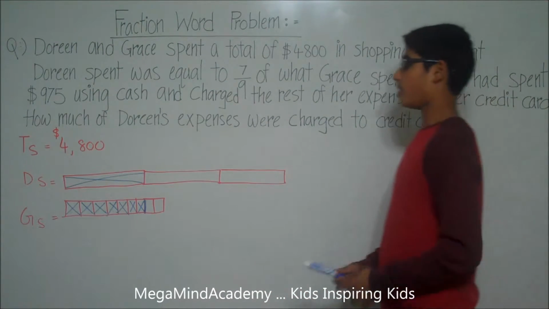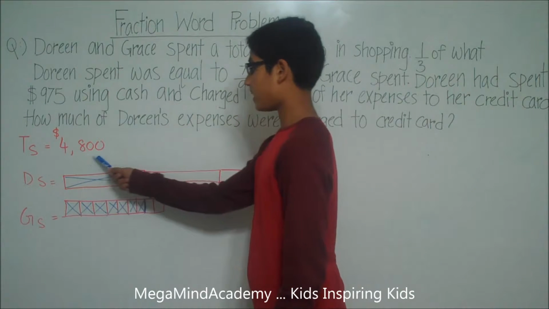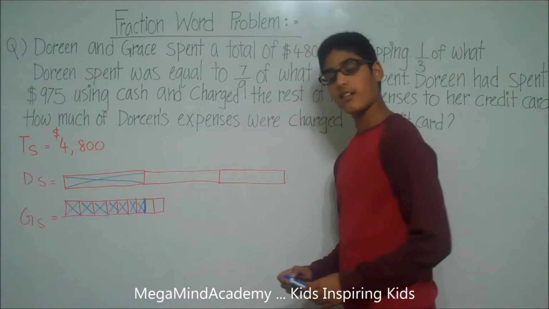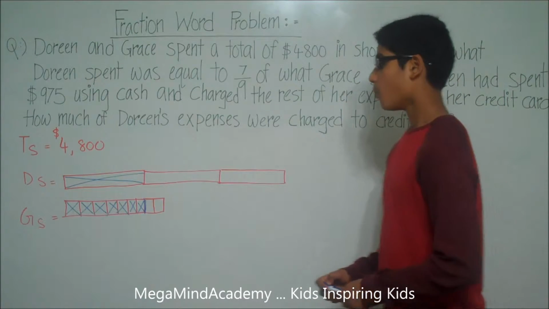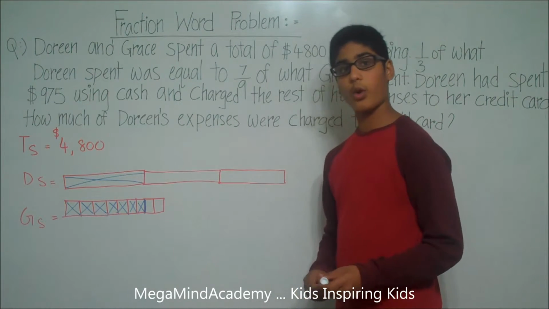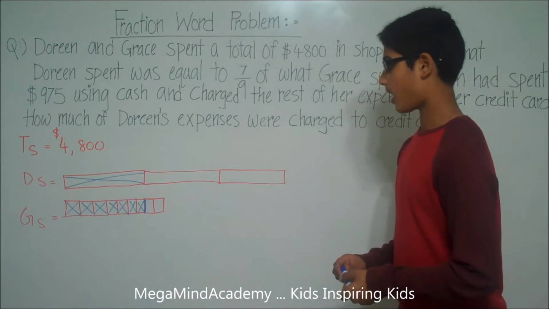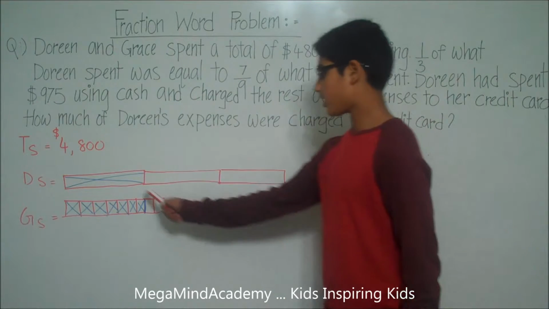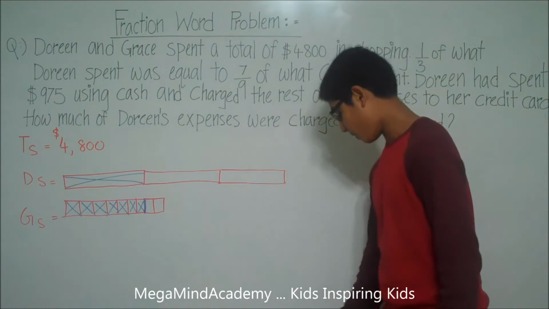Now we know that the total spent is equal to 4,800. But to find out how much each person spent, we have to first find a common variable, either units or blocks. Let's go with blocks. We know that each unit contains 7 blocks.